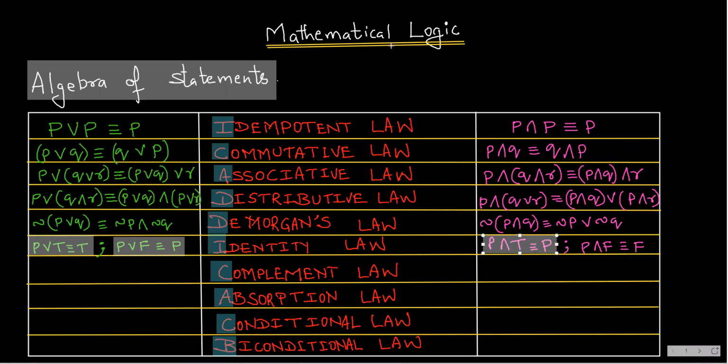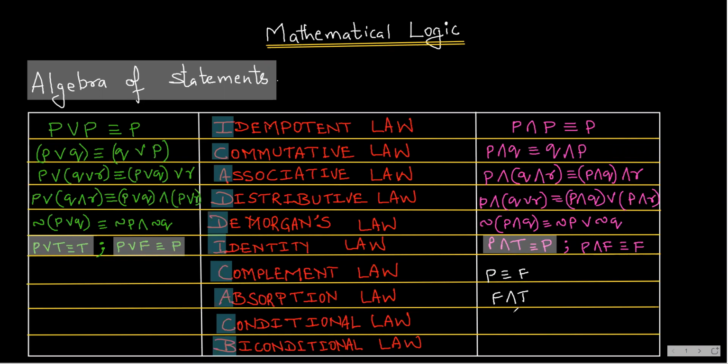I have P and true. So P and true will always be P. It only says that the truth value of P and true will be the same as the truth value of P. So if P is false, then you have false and true.